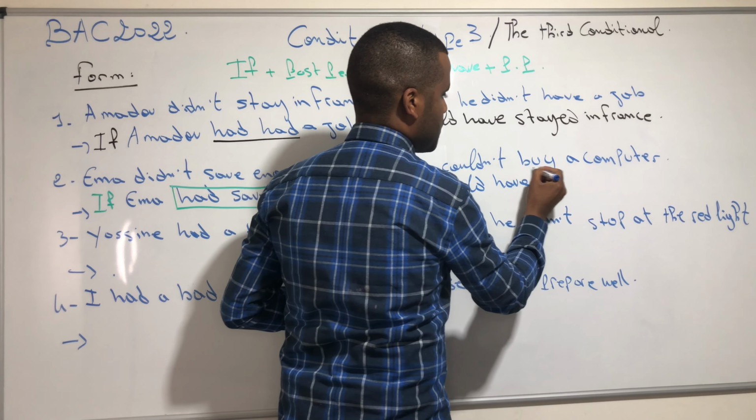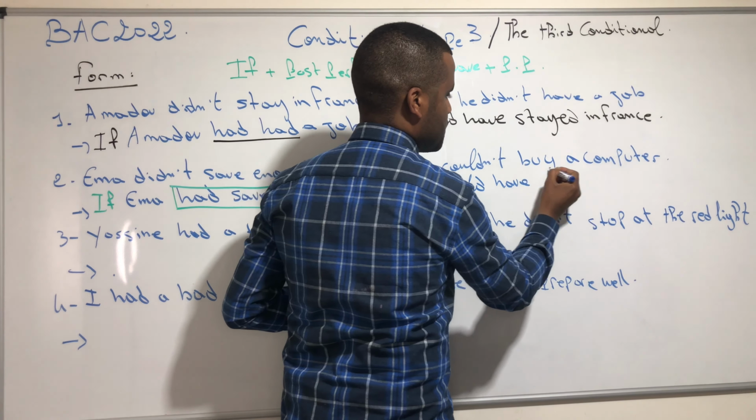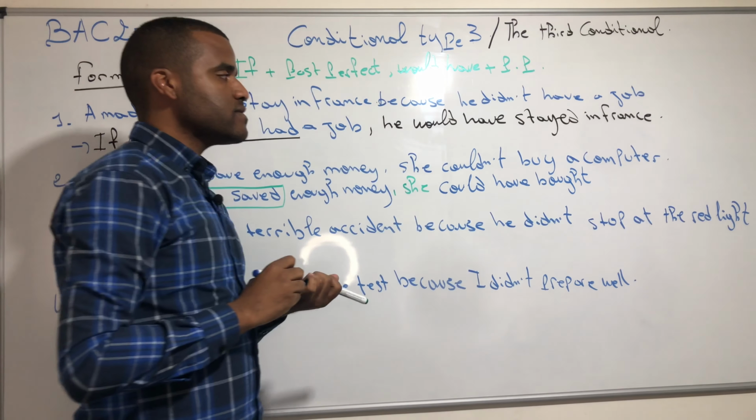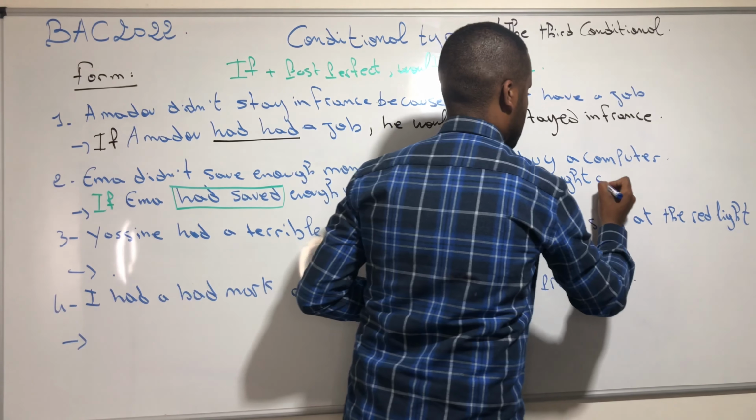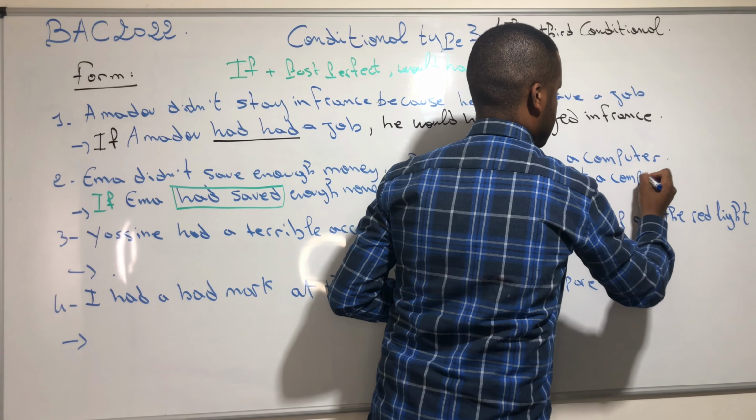The past participle of the verb buy is bought, it's an irregular verb. But in the past Emma didn't save enough money, therefore she didn't buy that computer. Here we imagine an imaginary situation. So if Emma had saved enough money, she could have bought a computer.